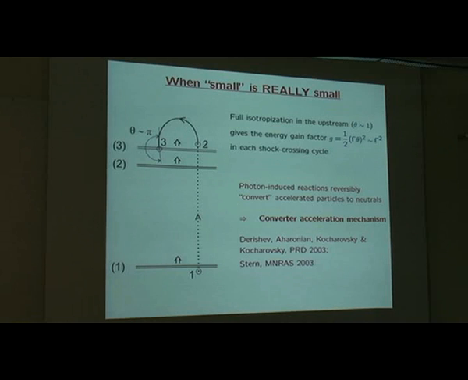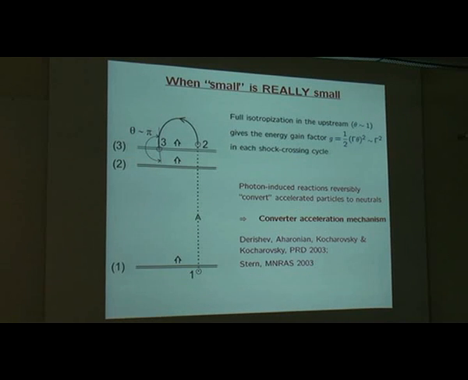Absolutely. So one condition for this process to operate is firstly you have to have enough target photons or ambient protons to make the conversion. But the second is that you don't deflect enough particles, right? So even if you have this conversion, only some part of the protons converted from neutral particles will be deflected enough to be caught up by the shock again, right?